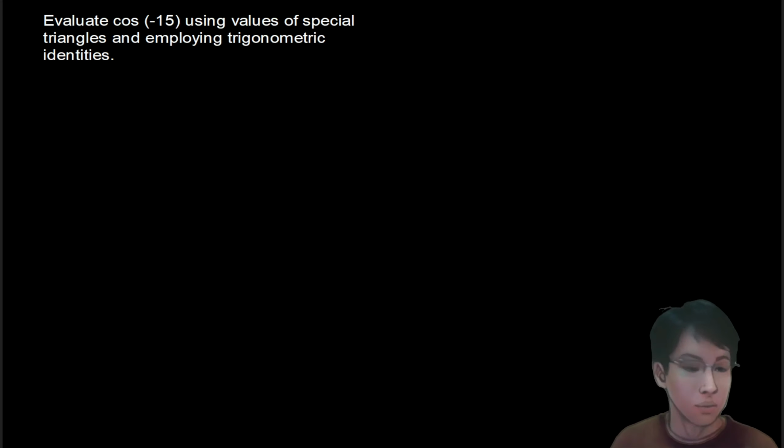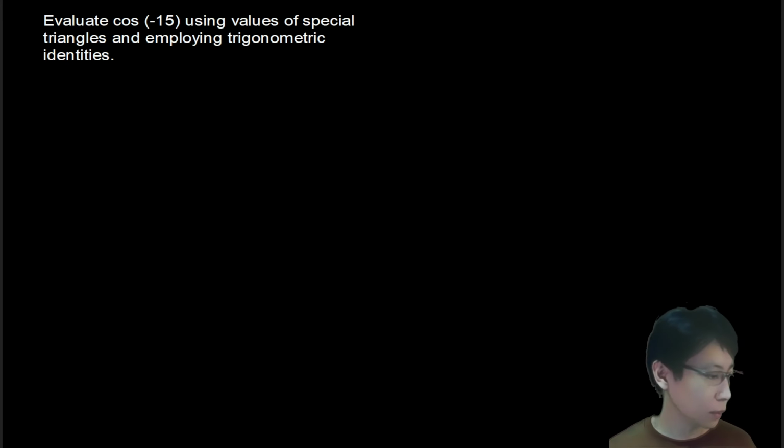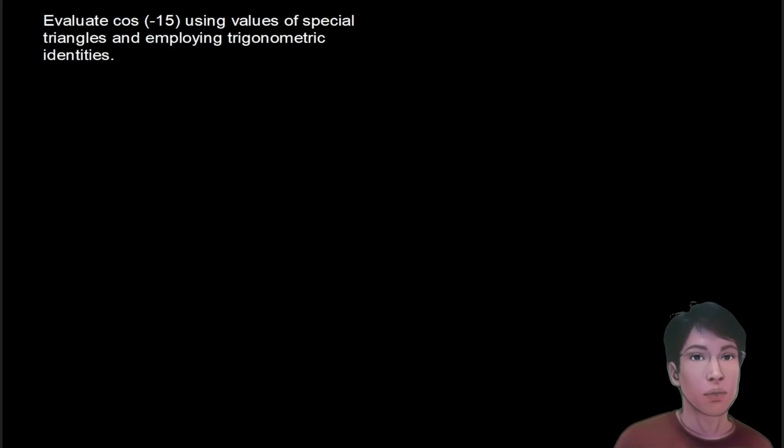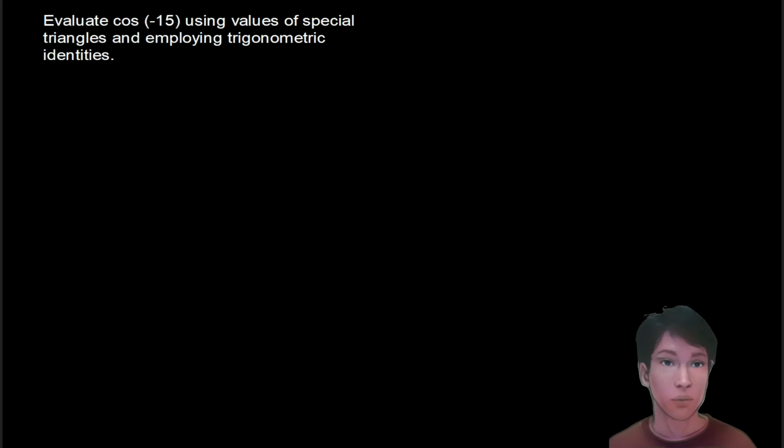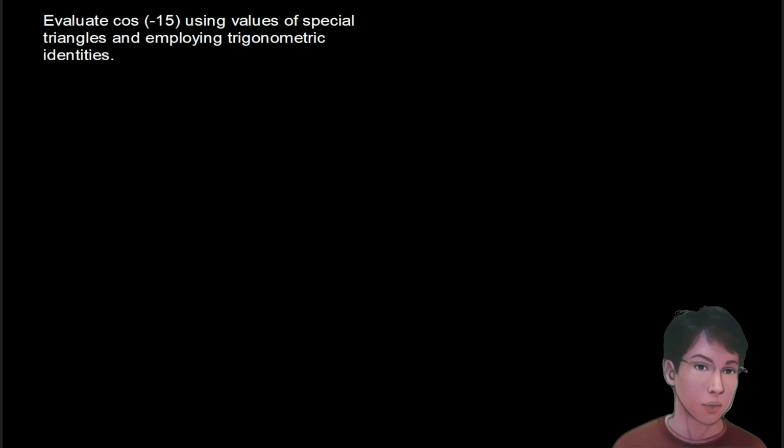All right. So let's have a sample problem wherein we are to evaluate cosine negative 15 using values of special triangles and employing trigonometric identities.